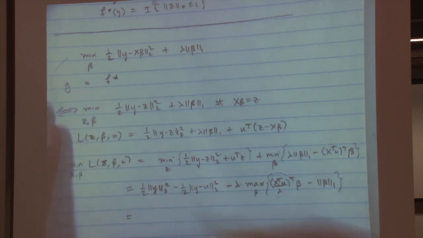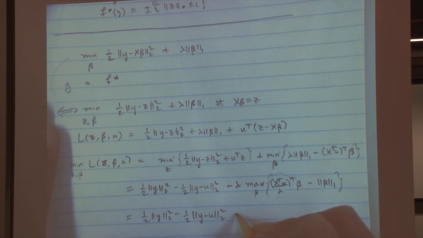And so the dual function is equal to 1/2 y squared minus 1/2 y minus u squared minus lambda times this, which is the conjugate of the 1 norm evaluated at this point, which we know is the indicator of this point having infinity norm less than or equal to 1.